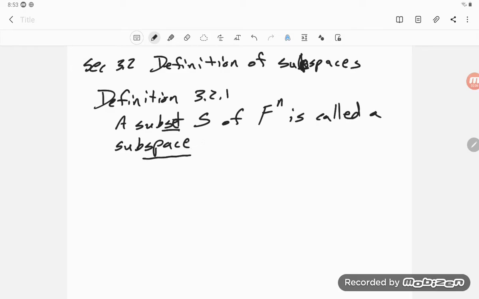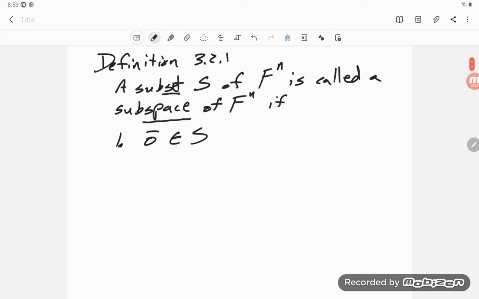So it's a subspace of Fn if, and we have three criteria. One, the zero vector is an element of S. Okay, so "is an element of" is that little lowercase epsilon there.